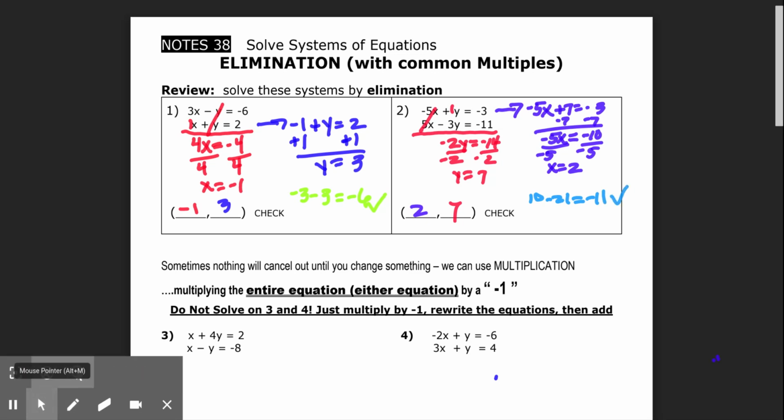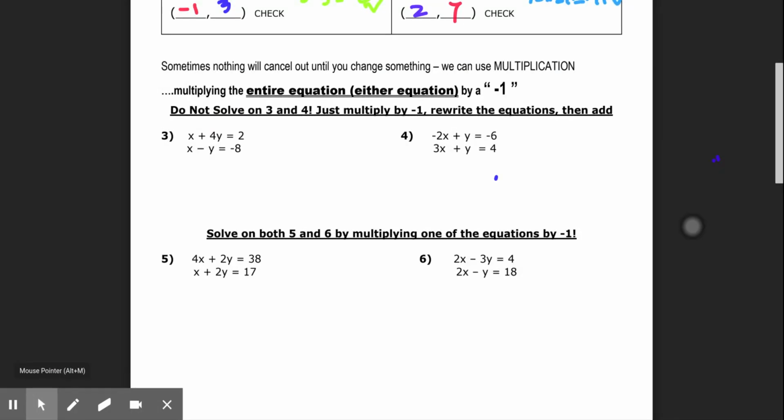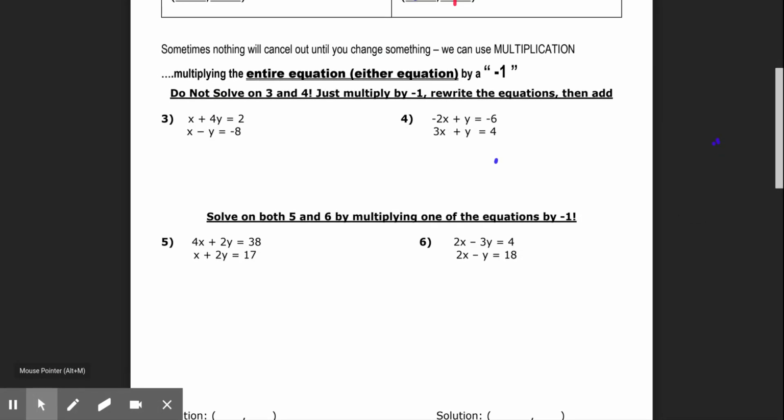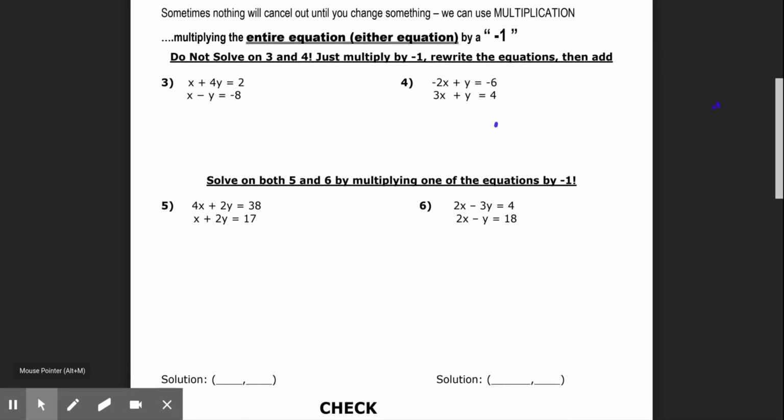All right, let's go ahead and take a look at what we're going to do down here. Sometimes nothing will cancel out until you change something. We can use multiplication. So multiplying the entire equation, and you can use either equation, by a negative 1. Do not solve on 3 and 4. Just multiply by negative 1.